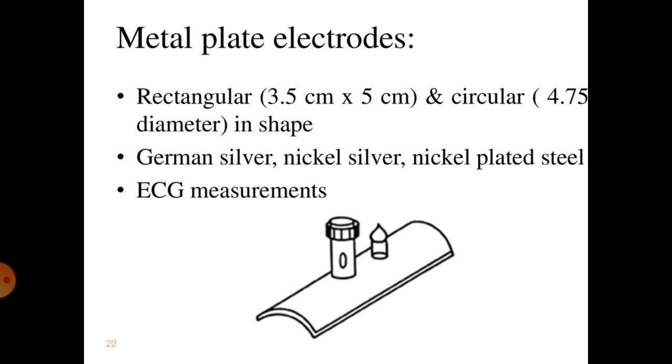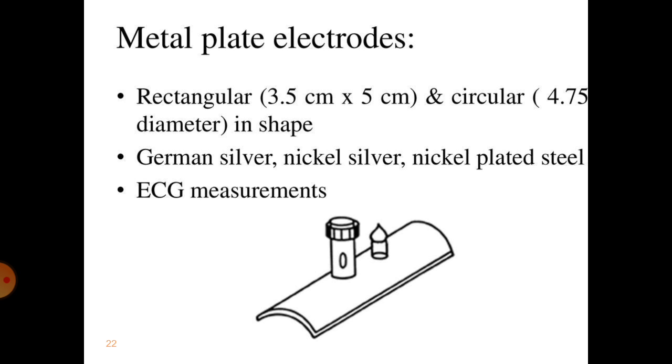Next, this slide shows the metal plate electrode, and this is its size. The diagram shows the metal plate electrode. It has a rectangular shape of 3 centimeter by 5 centimeter, and a circular shape with a diameter of 4.75 centimeter.